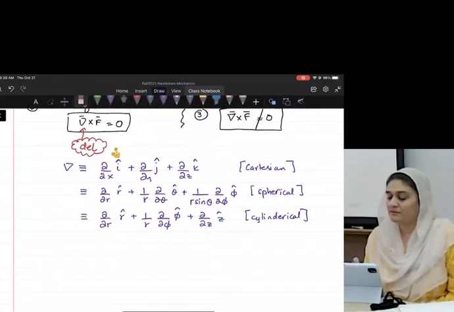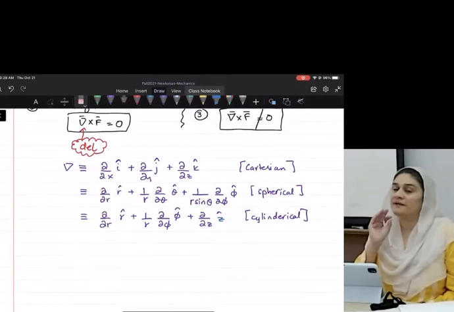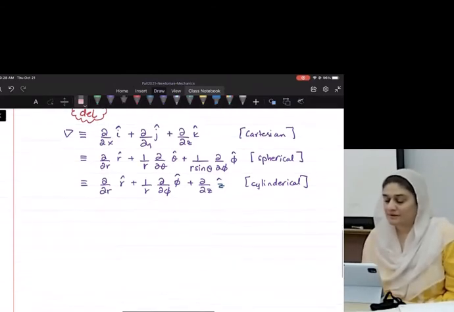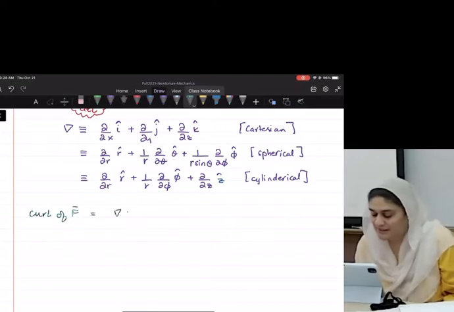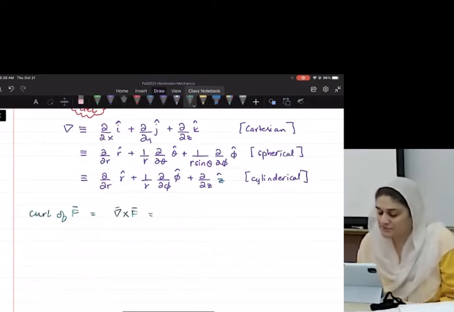But they go according to the coordinates. And now let me define the curl for you. Curl is fun. Okay, so a curl of a force is written as del cross F. And in 3 dimensions, this will be written as i, j, k.